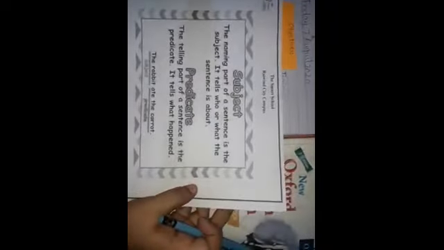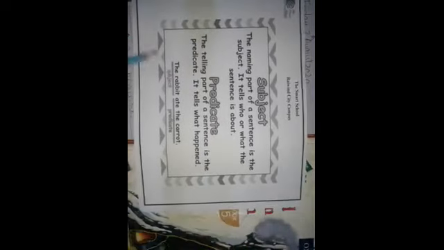Alright. Now let's talk about predicate. In the third statement, we are asked to pick out the predicate in the following sentence. So first, let's recall what a predicate is. Alright. A predicate is the rest of the part of the sentence. So you see, here is an example.